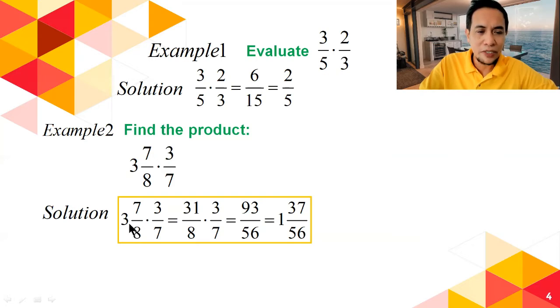How? 8 times 3 is 24, plus 7, that's 31, over the denominator 8, times 3 over 7, is equal to 31 times 3, that's 93, and 8 times 7, that's 56. So your answer would be 93 over 56. If you want to convert that into a mixed number, that's 1 and 37 over 56. Simply divide 93 by 56.